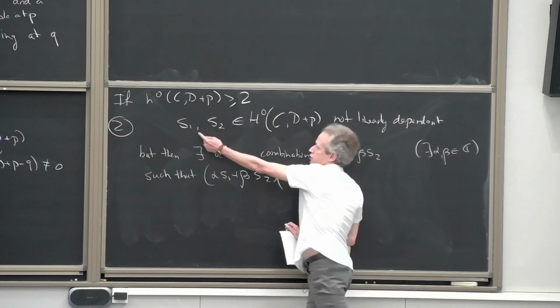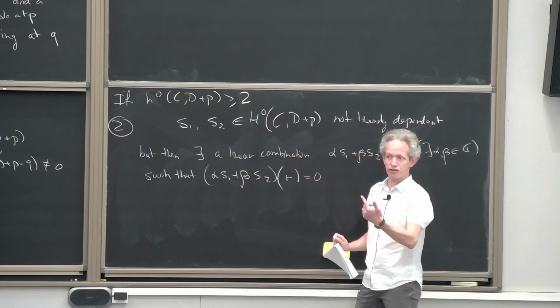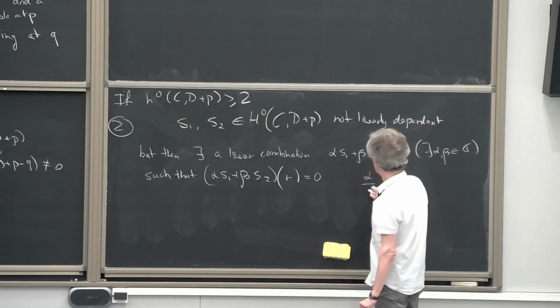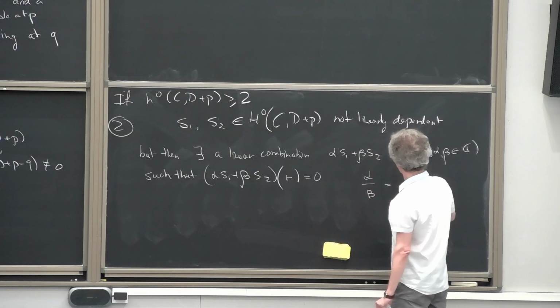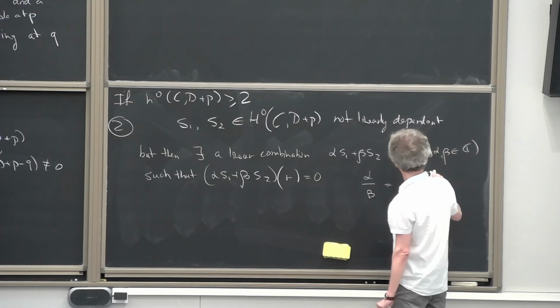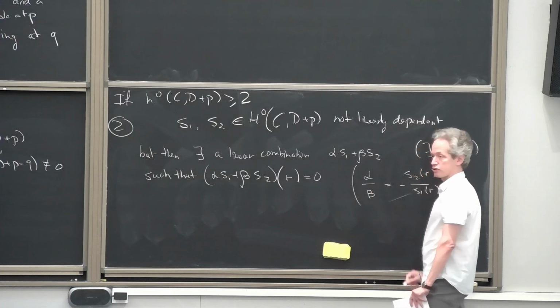Because these 2 sections at a point, they just give me some values. I can just take the ratio of their values, well, with a minus sign, right? So alpha over beta should be equal to S1 of R, S2 of R over S1 of R with a minus, right? That's what I need to do.